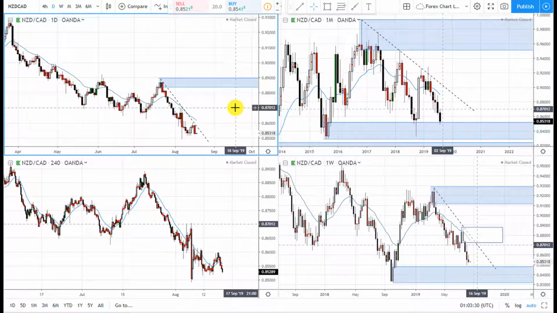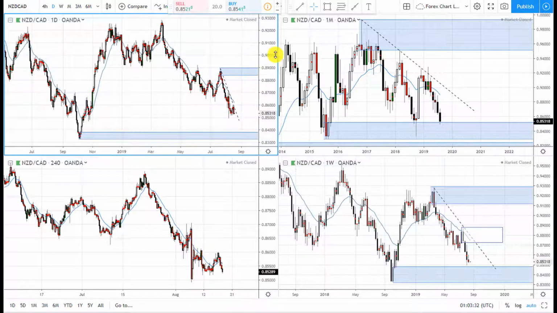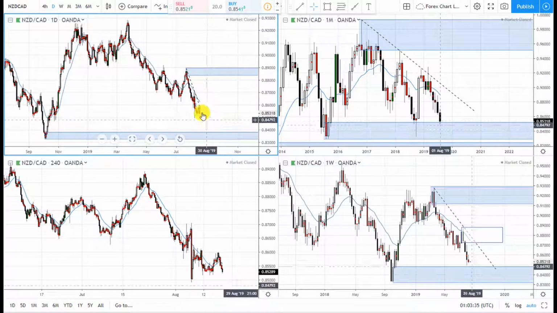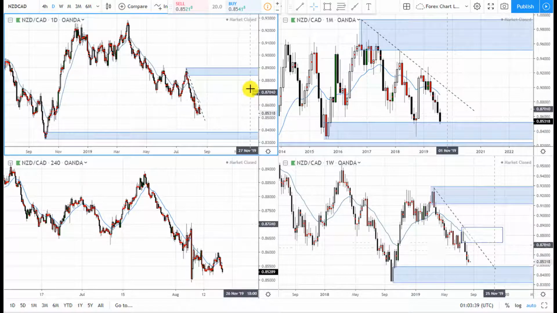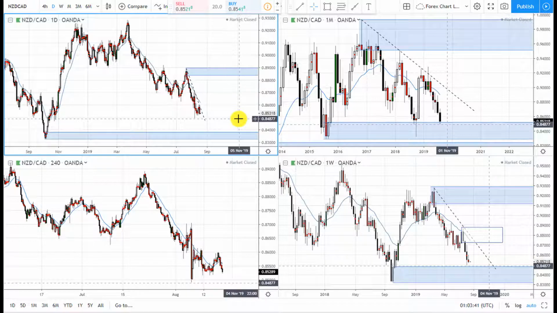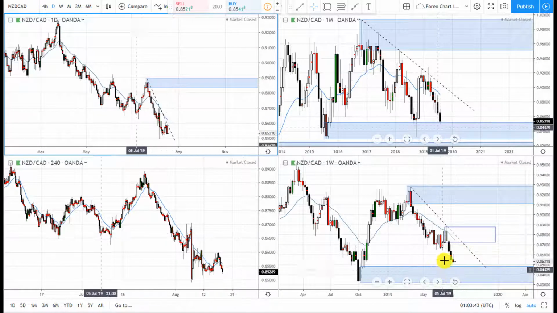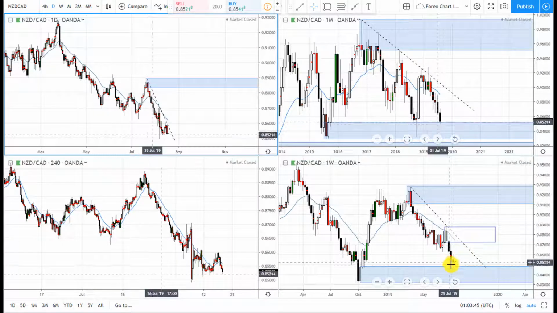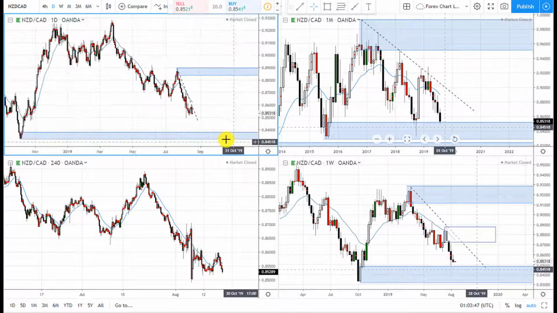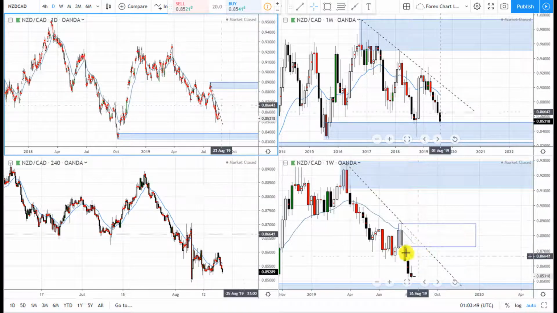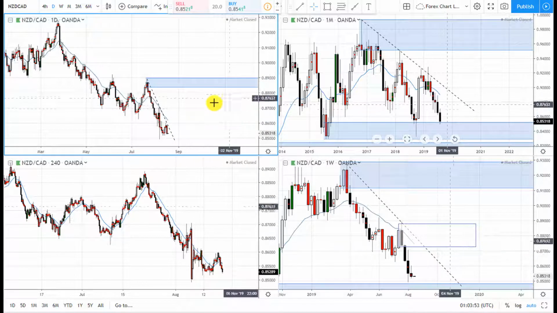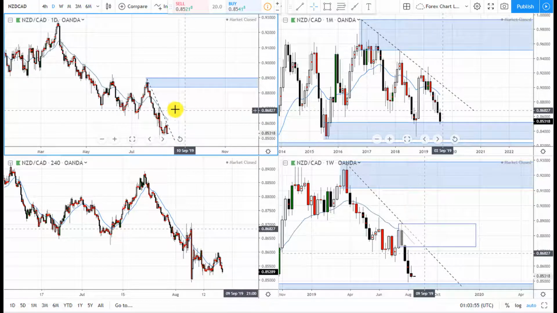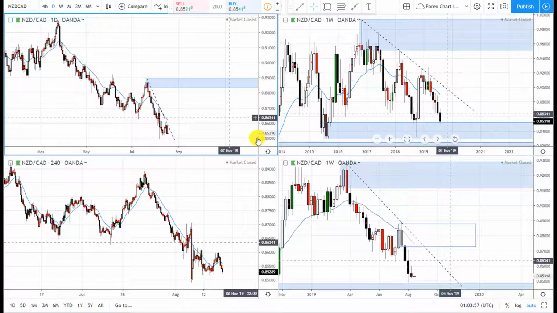So we want to either wait until you get down here to go long, or wait until it drops here and then start making our demand zones, and then you buy. Or else you look at your higher time frames. If it starts bouncing right here instead of all the way down here, then you wait until it starts creating areas of demand on its way up, and then you buy.